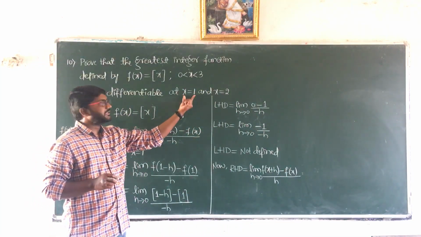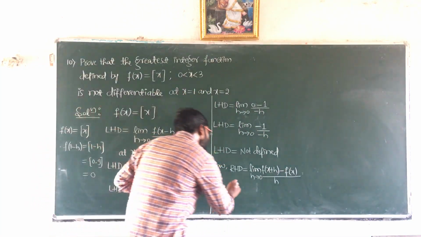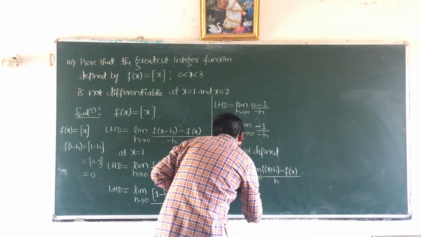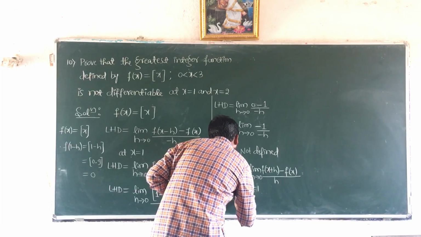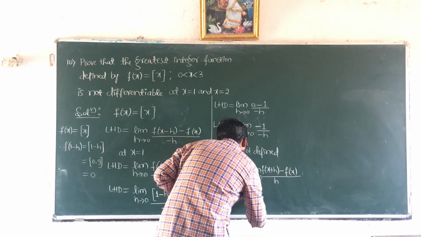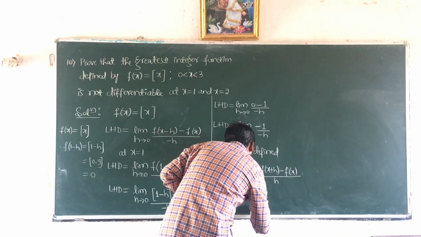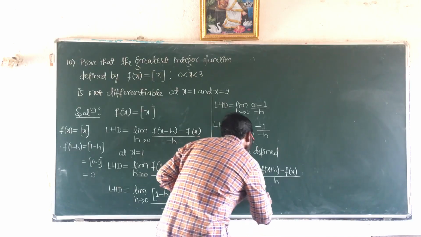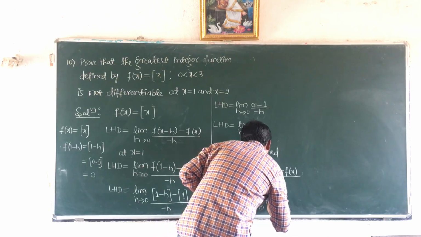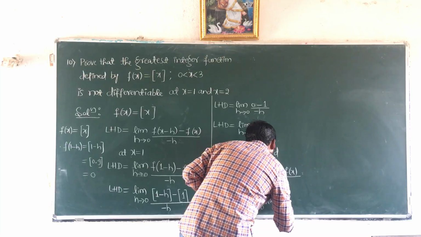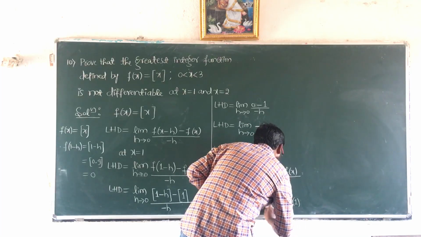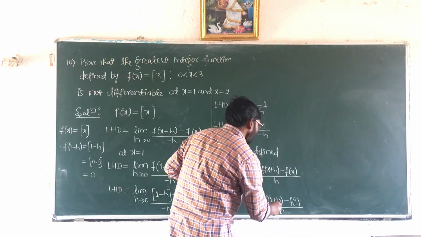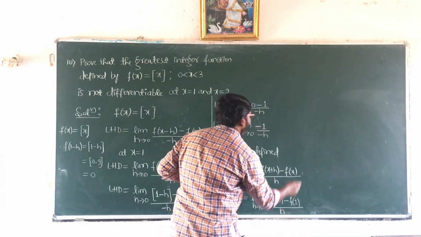Again we have to consider x equal to 1. So let us rewrite the right hand derivative here: limit h tends to 0, f of 1 plus h minus f of 1 divided by h.